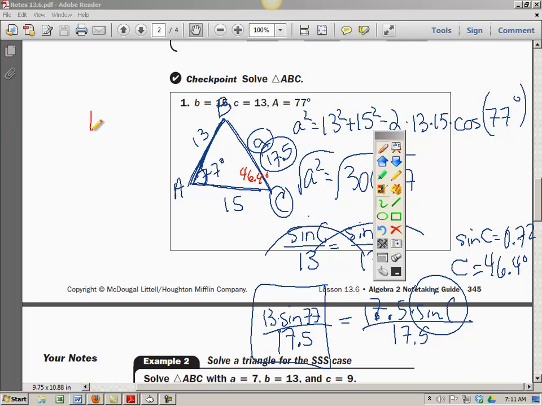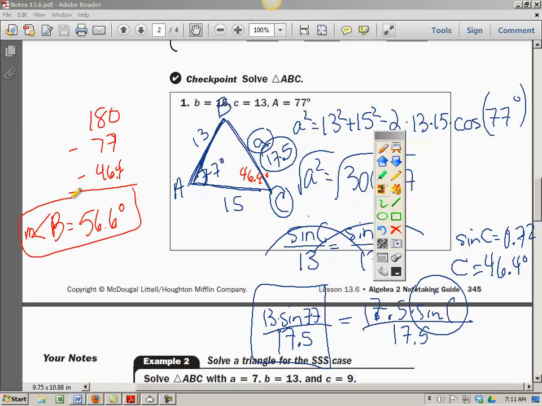Now I can say, well, 180 minus 77 minus 46.4, and that tells me that that final missing angle, angle B, is 56.6 degrees. So the measure of angle B is 56.6 degrees, the measure of angle C is 46.4 degrees, and the missing side A is 17.5.